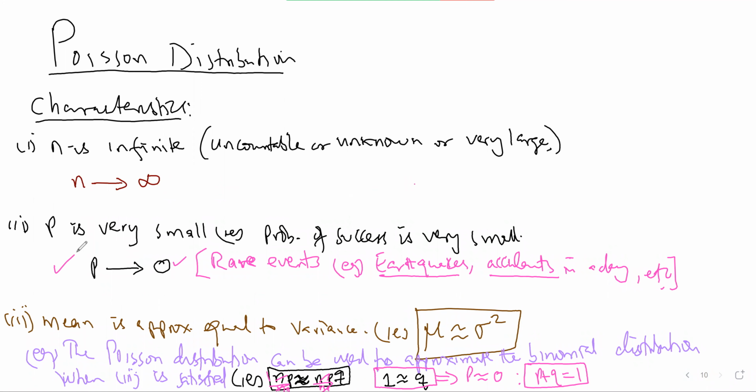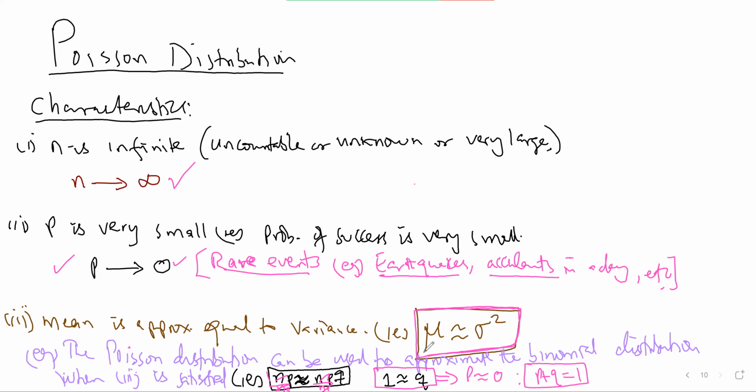And we know that P is very close to 0 for rare events, especially when combined with the trials being too many, or sometimes when the number of trials is also unknown or uncountable or extremely large. So sometimes you can be given a binomial distribution, then you want to use a Poisson distribution to approximate it. Then you only do that in cases when this is true. If this is not true, then your estimates will not be reliable.